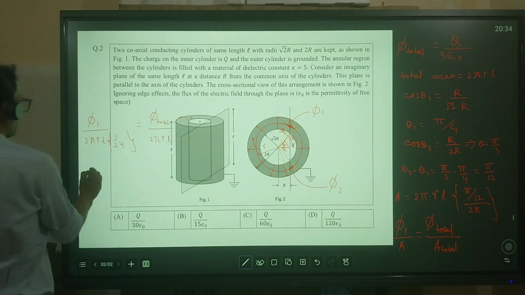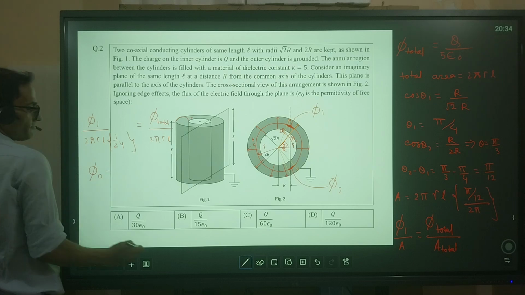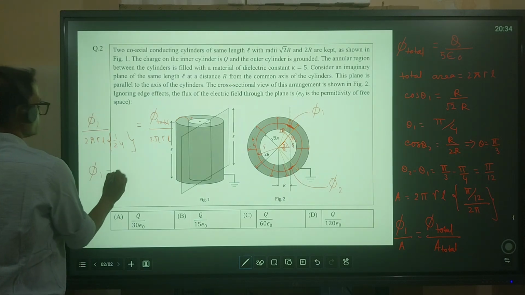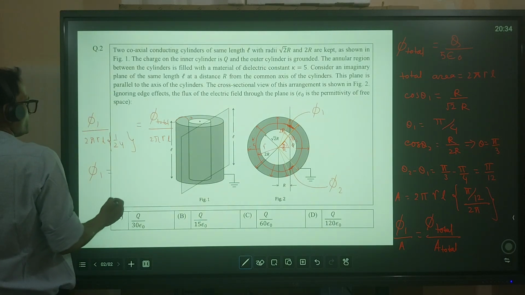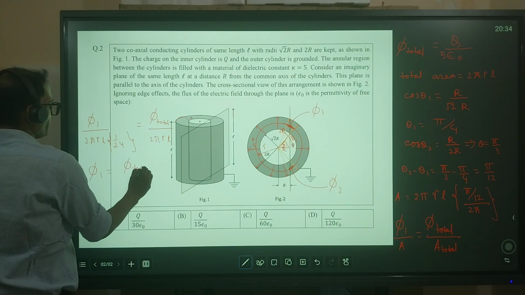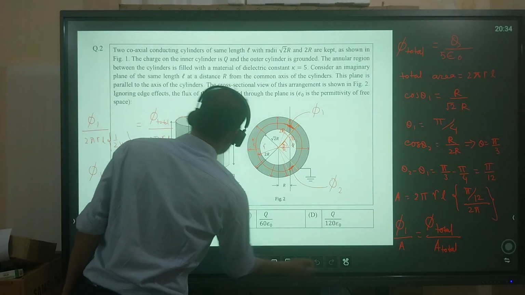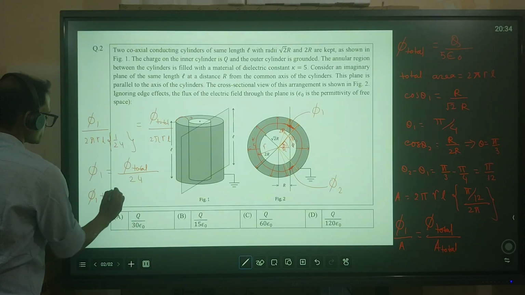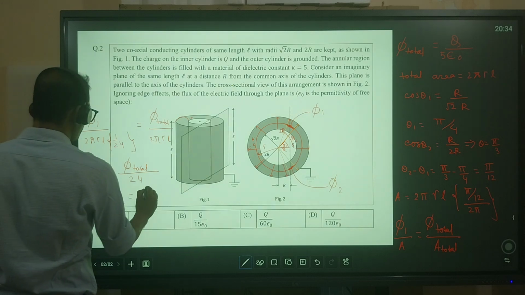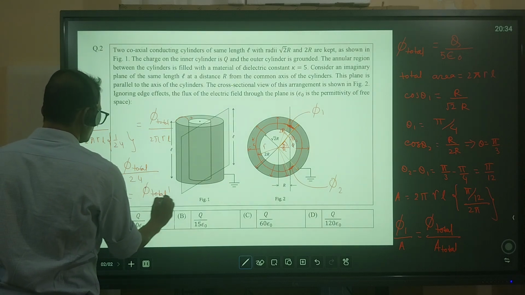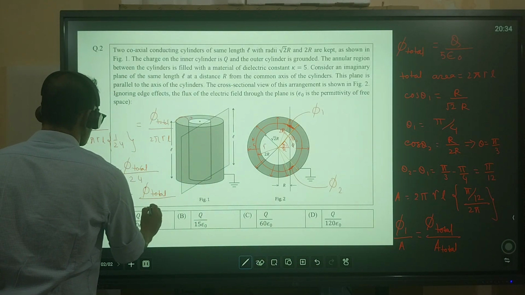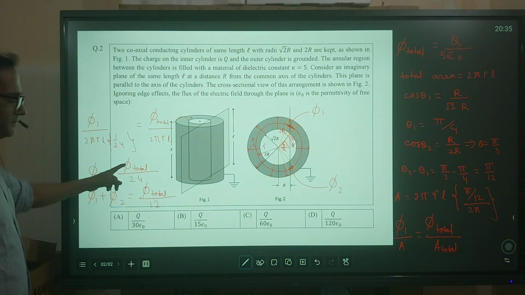So phi 1 here is phi total by 24, and phi 1 plus phi 2 will be phi total by 12. Sorry, I mean we are adding this twice, I am just doubling it.